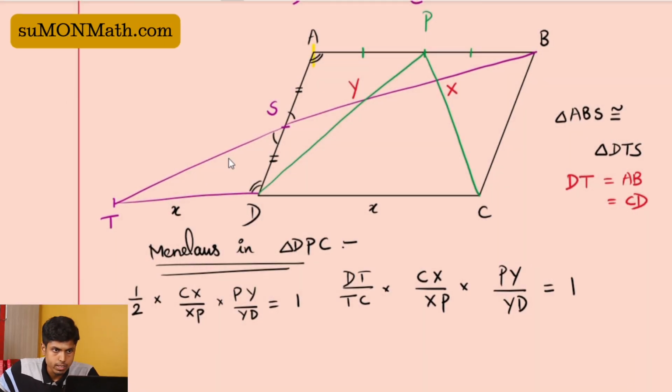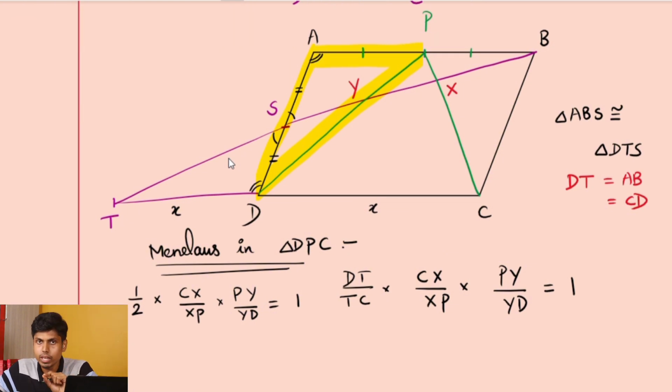Observe that in triangle ADP, the points S, Y and B are collinear. This helps us in finding PY by YD. Let's do that.